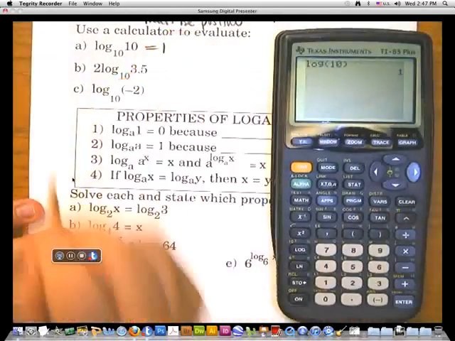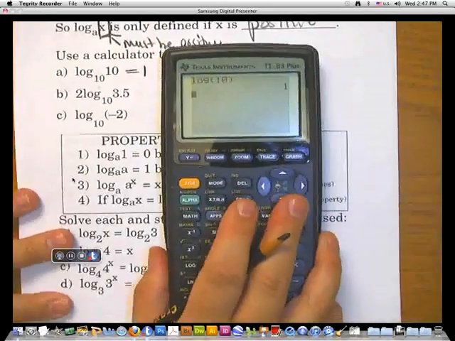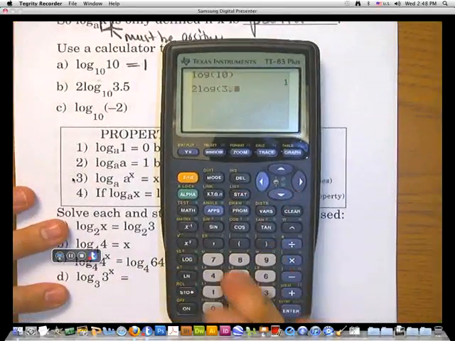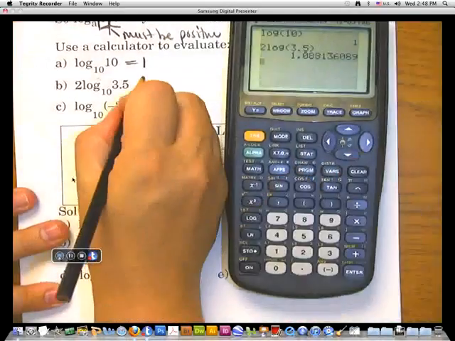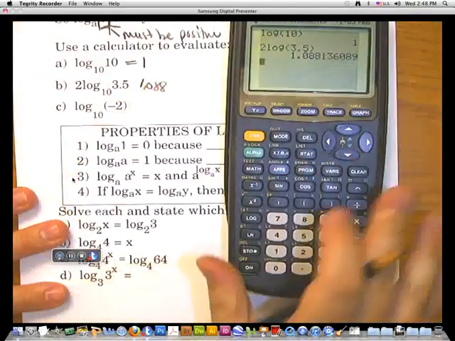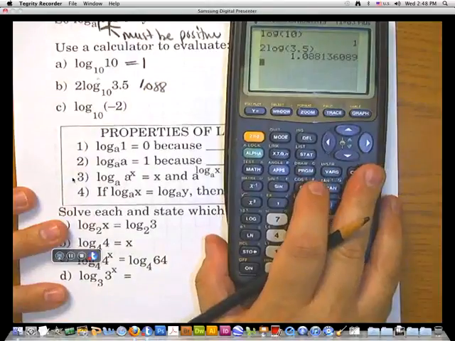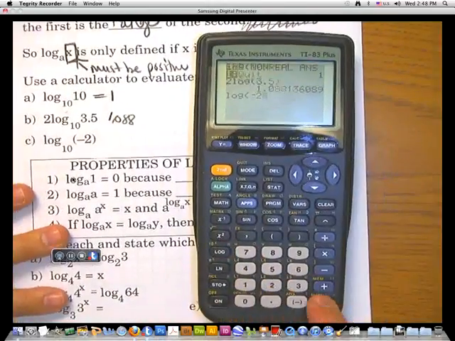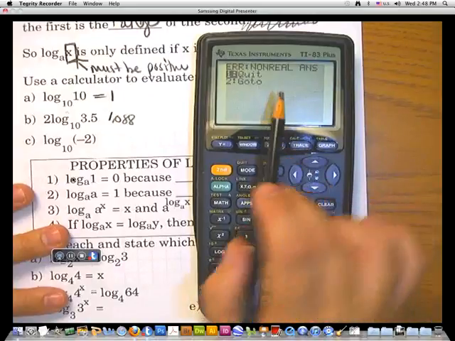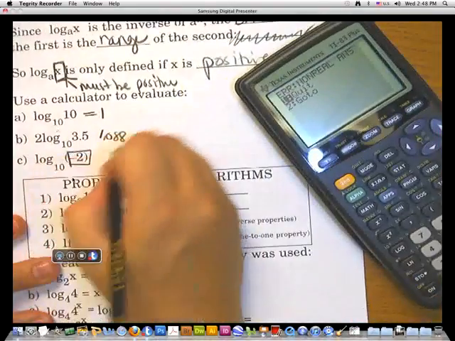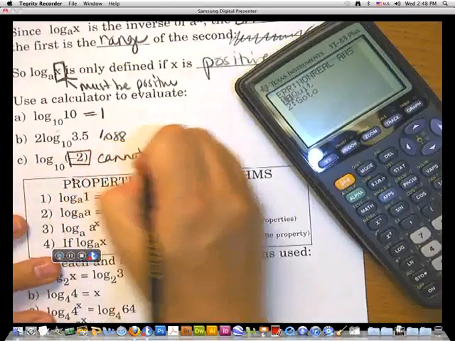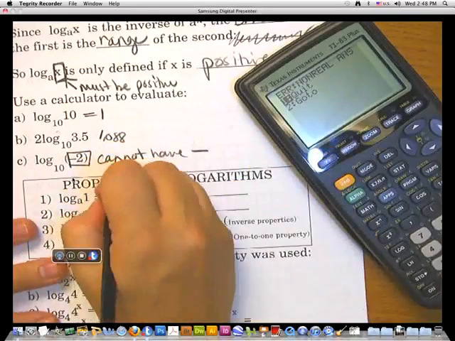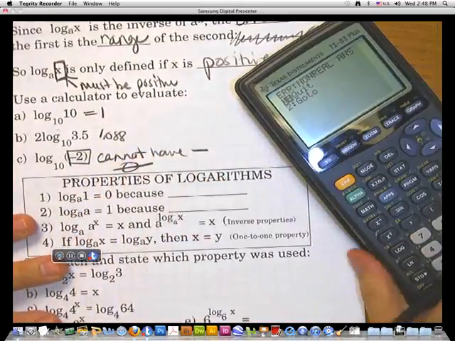So log of 10 is 1. Log of 3.5, base 10 is already there, is 1.088. Again, 3 decimal places is fine, round appropriately. And log of negative 2, we get an error, and the reason for that is you cannot have negatives, so no solution.